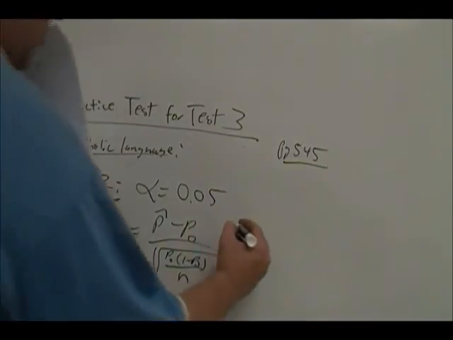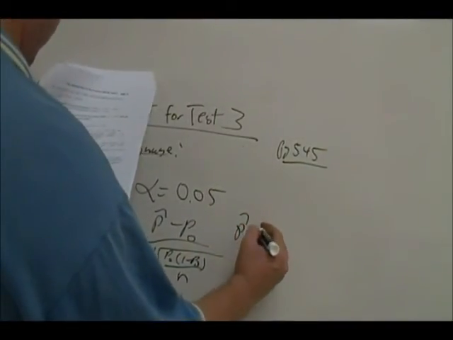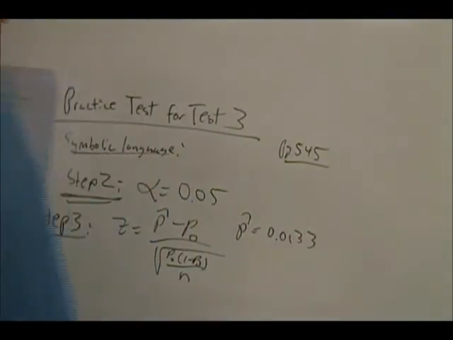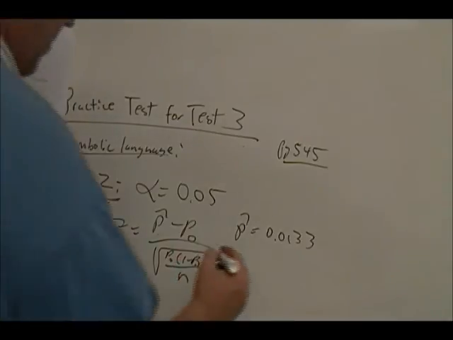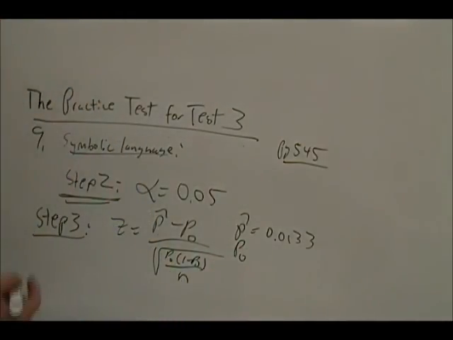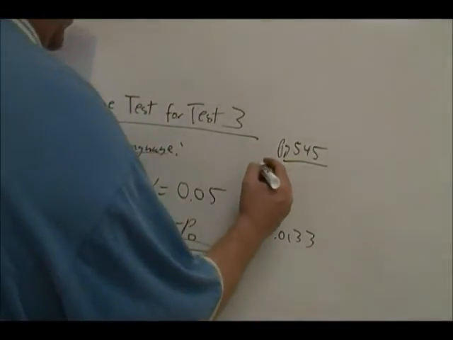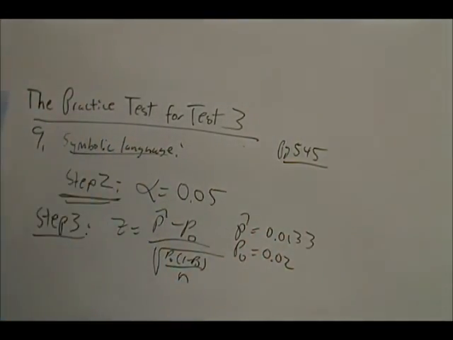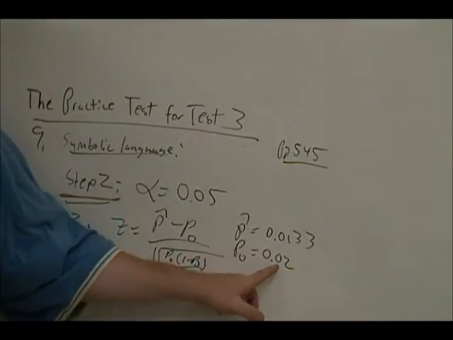And what we found out was, remember, that p hat was equal to 0.0133, and our p naught came from the claim. The p naught was the 0.02. That's what you claim the population proportion is less than.